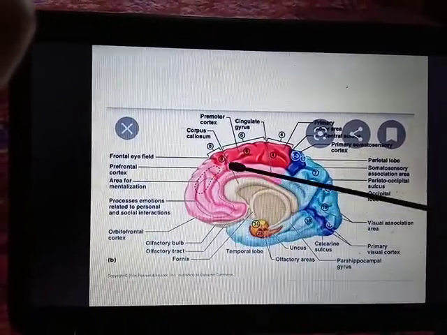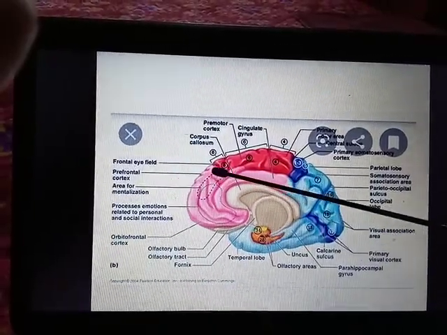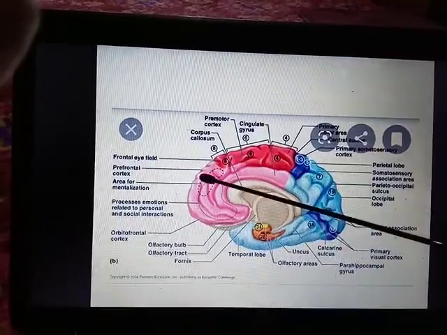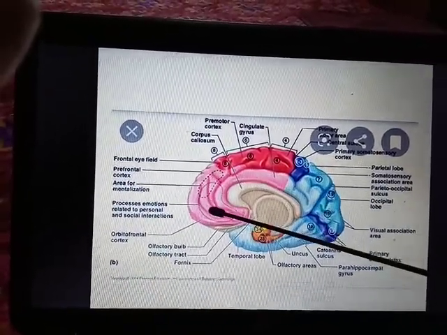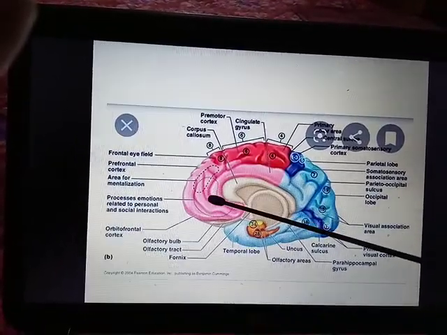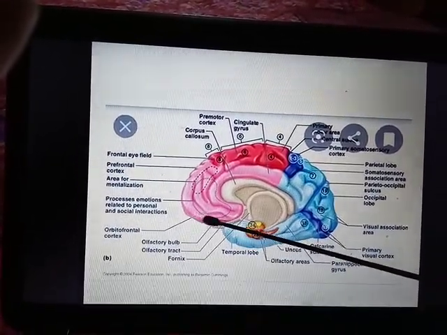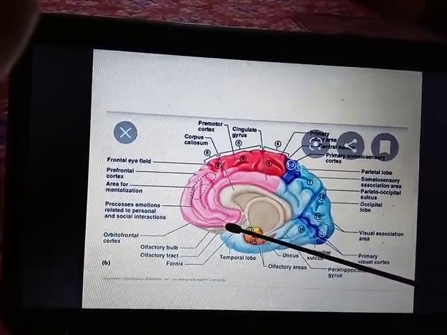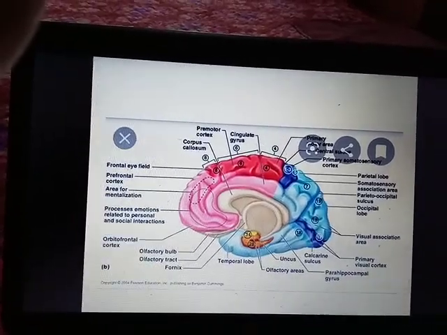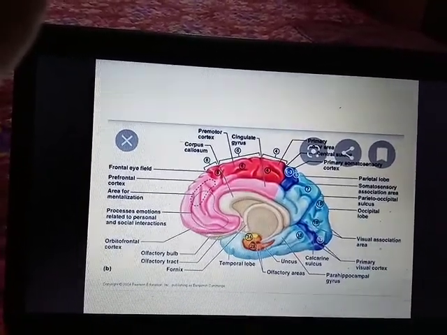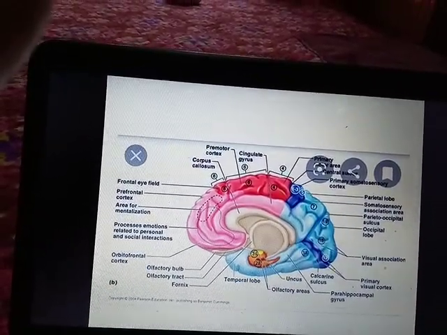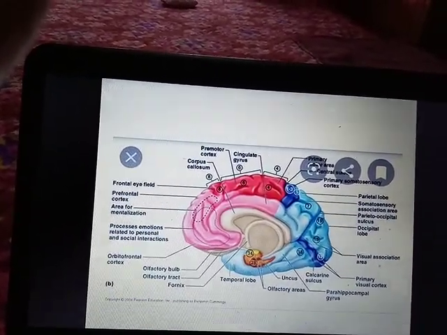It includes the part of your medial frontal gyrus, which is present on the medial surface, and it includes part of your orbital sulci and gyri, and also part of the superolateral surface. This is concerned with the expression of emotions and various other habits of the human.